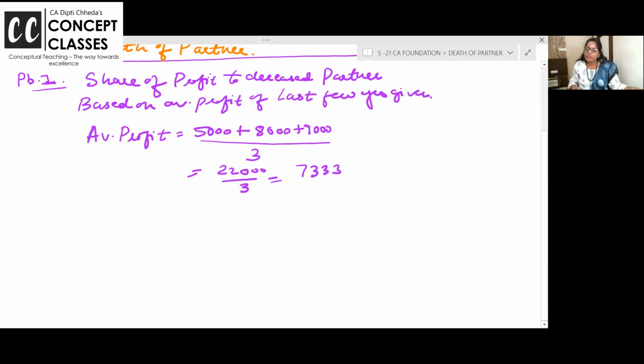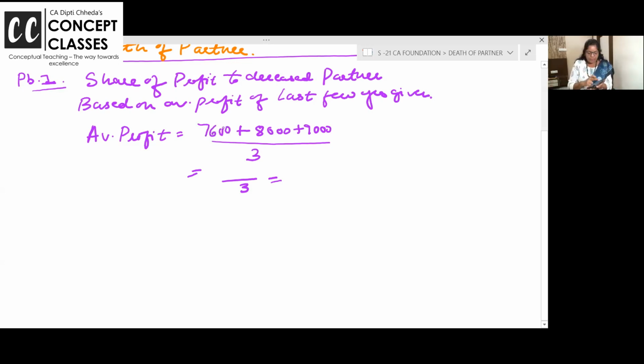One, 2, 3, 4, 5 years profit they have given. Okay, even 5,000 we will not take. I hope you are getting. Change karo. 5,000 भी नहीं लेंगे क्यों? Because they have asked you to take last 3 years. So 8,000, 9,000 and 7,600.